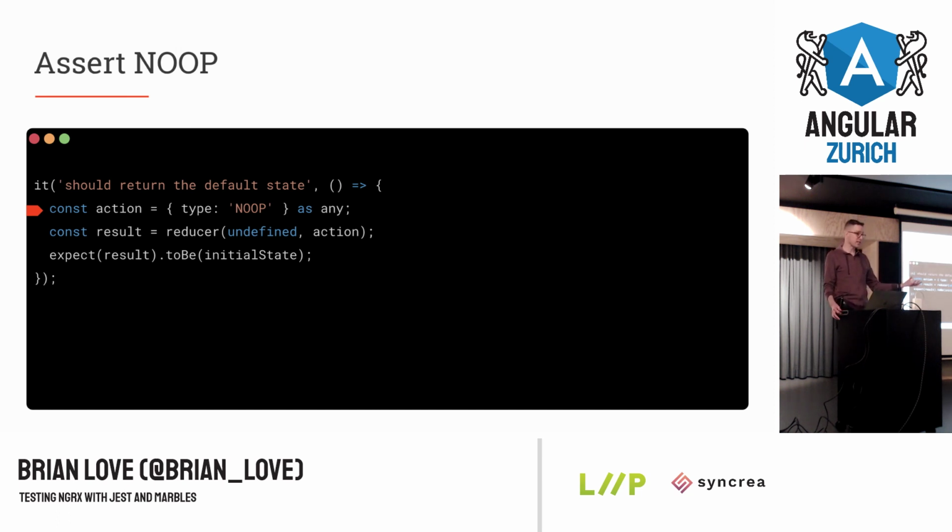I'm going to have undefined as my initial state, that's the first argument into our reducer function. And then provide it the action, which is the second argument into that function. And we're just going to expect that the result is going to be just that initial state that we imported from our NgRx reducer file.